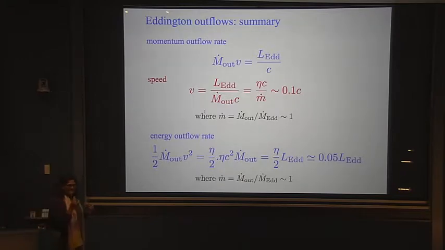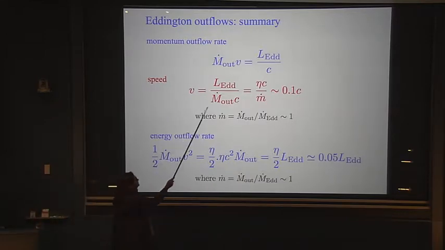what are the ingredients that we have in our model at the moment that we can actually calculate. So we have the momentum outflow rate for a source. We're looking at a case where you're accreting at the Eddington limit, and we can see what kind of typical velocities you can get if you directly couple to a wind, to an outflow.